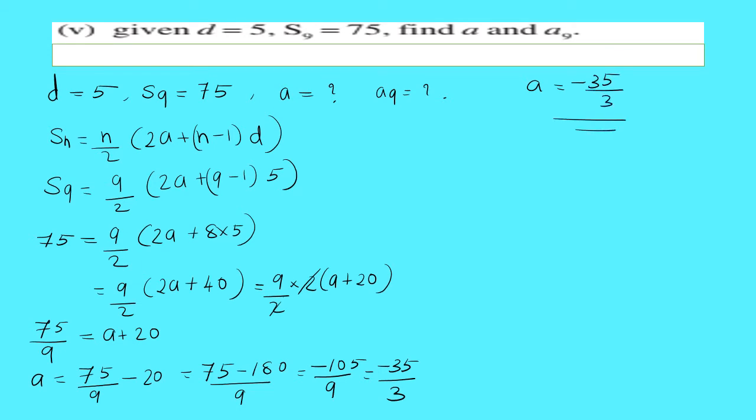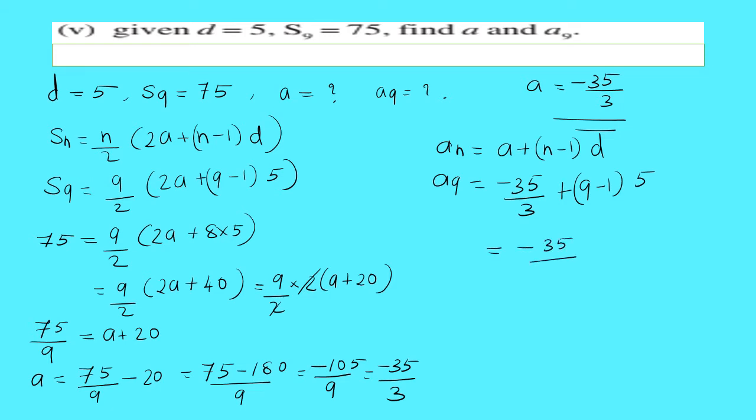Now you have to find an. Finding an, the formula is a plus n minus 1 multiplied by d. That is, here you have to find a9 because n is 9. a, that is minus 35 upon 3 plus n minus 1, that is 9 minus 1 multiplied by d, which is 5. That is minus 35 upon 3 plus 8 multiplied by 5.